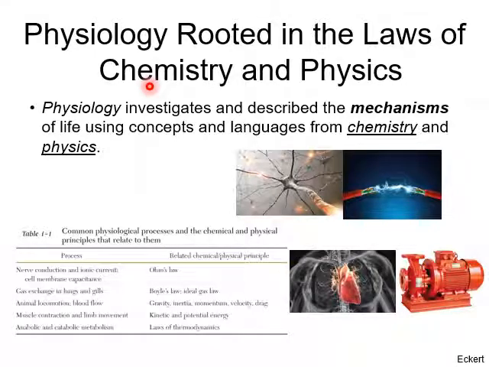So in physiology, we are definitely going to be taking in chemistry. I don't mean to scare you, but I do mean to scare you that you've got to get the chemistry down, or the concepts down. Again, it's kind of baby chemistry. I'm going to give you the components that we just need. We're not going to be going through a whole chemistry lesson, but I'm going to give you the nuts and bolts of chemistry that you're going to need to use in this physiology class.